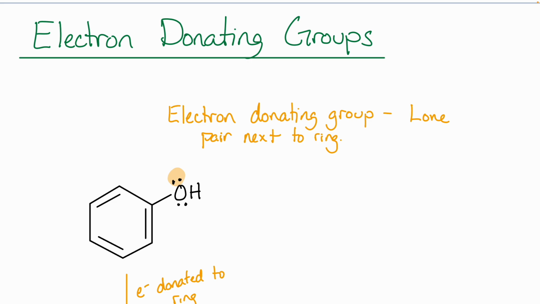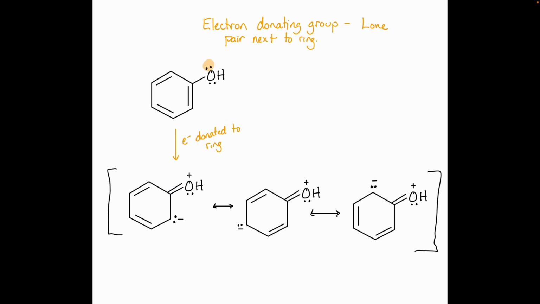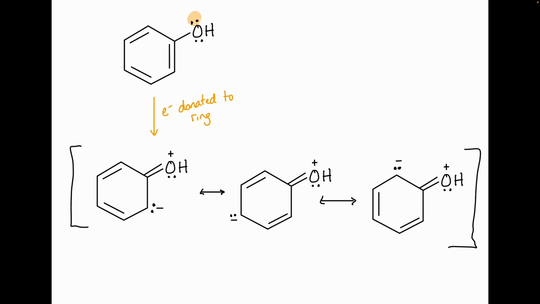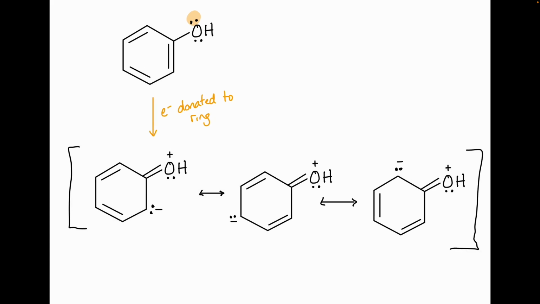In a 2-semester course, we would spy patterns that lead to resonance structures, and you could draw these structures yourself. We're on a more accelerated timeline in this course, so you're just going to trust me that when that pair of electrons gets donated to the ring, we can draw these 3 resonance structures that show that electron being donated.